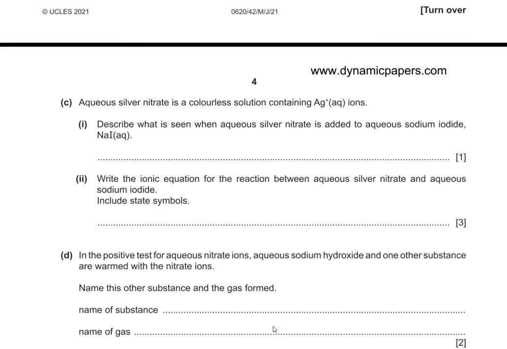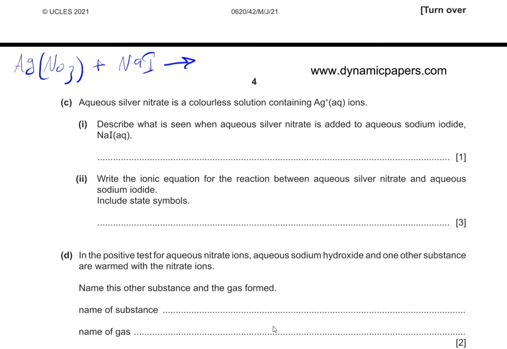Aqueous silver nitrate is a colorless solution containing silver ions. Describe what is seen when aqueous silver nitrate is added to aqueous sodium iodide. So when this reaction happens, we have silver nitrate plus sodium iodide. A double displacement reaction happens, which looks like this.